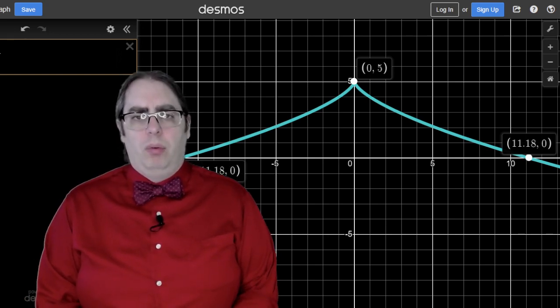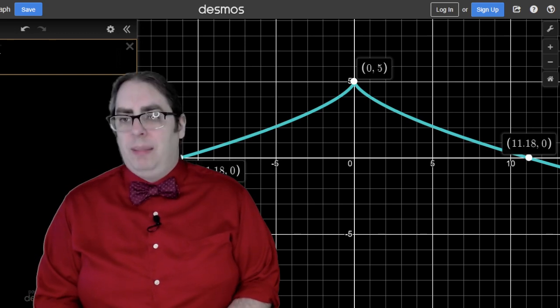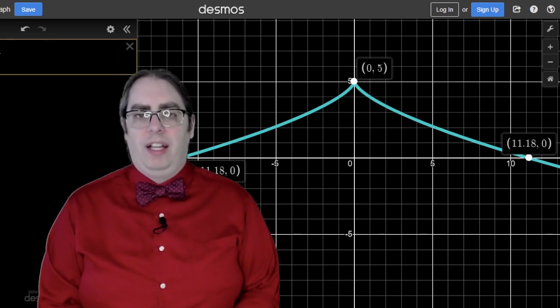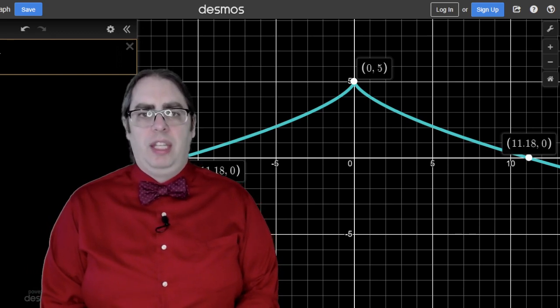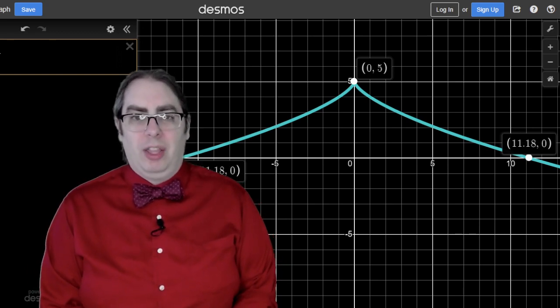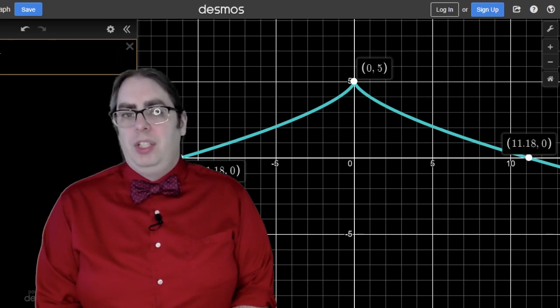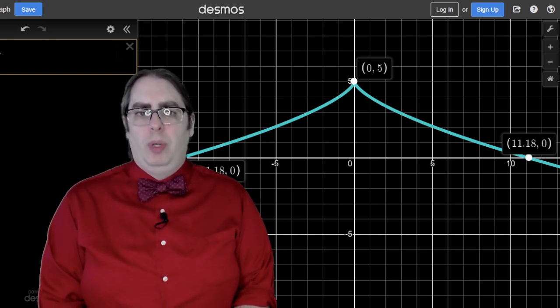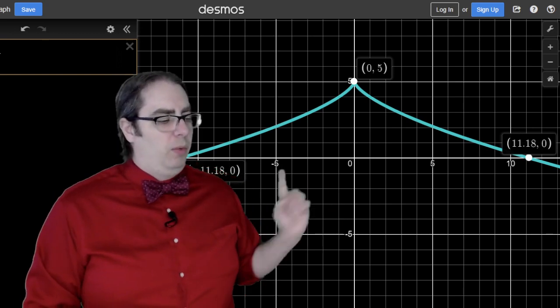I guess the last question then is, well, what's the point? Why did I spend the time to go through and do all of this analysis by hand when I can just go on to Desmos, type this thing in, I get the picture, I don't have to do any thought about it? Well, the mathematician's answer is doing it this way gives you exact values. I don't have to stick with the approximation.